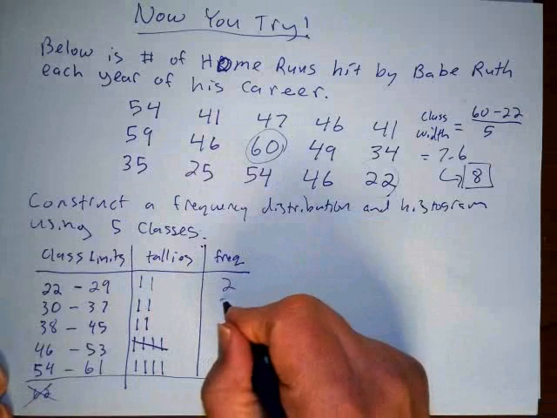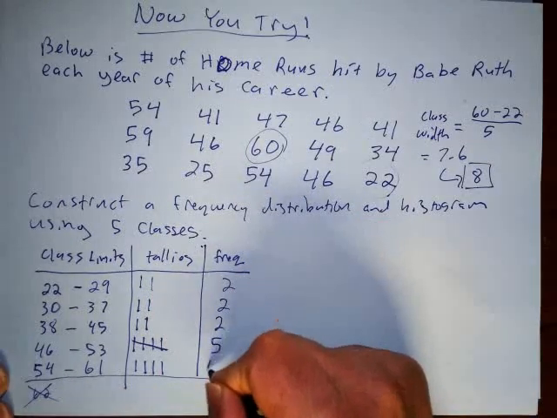So it looks like I got 2, 2, 2, 5, and 4.